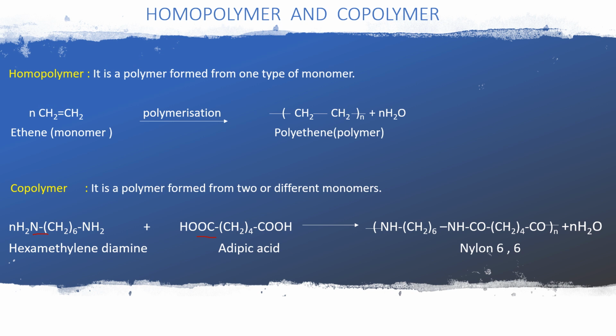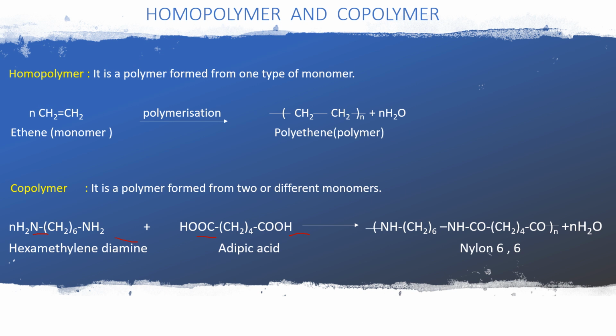That is, from this left side. And similarly, the hydrogen from hexamethylene diamine and the OH from this adipic acid are again eliminated. So from both sides, these H and OH groups are eliminated, and finally you will get nylon 6,6 as the polymer.